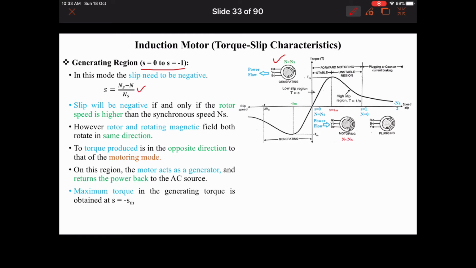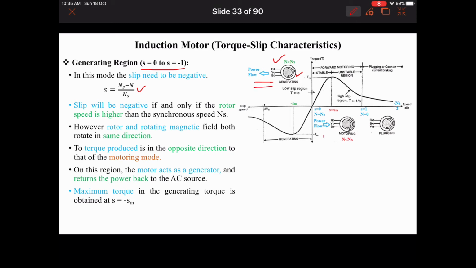However, the rotor and rotating magnetic field both rotate in the same direction, as shown in this picture. The torque is produced in the opposite direction to that of motoring mode. In this region, the motor acts as a generator and returns the power back to the AC source, as we can see here.